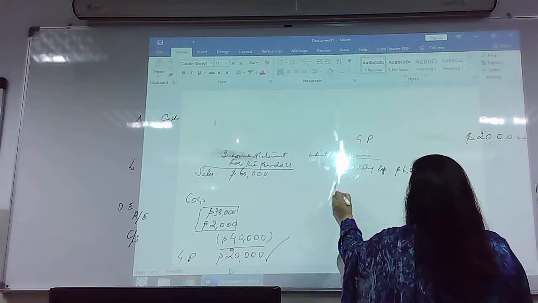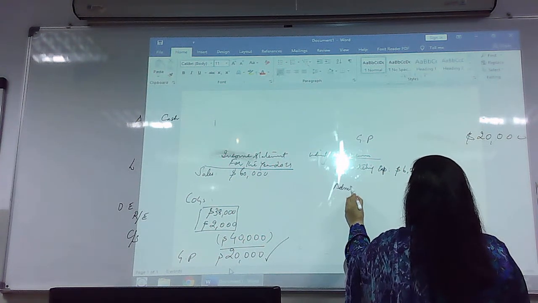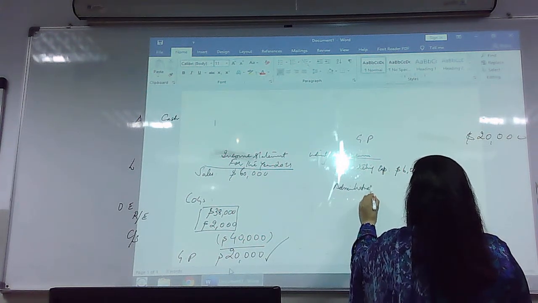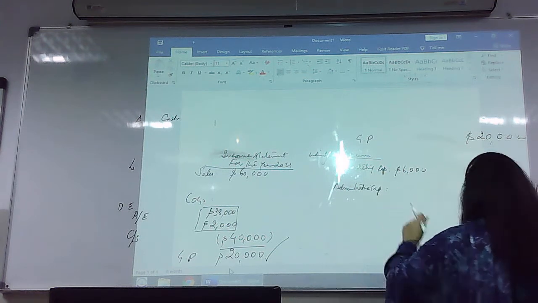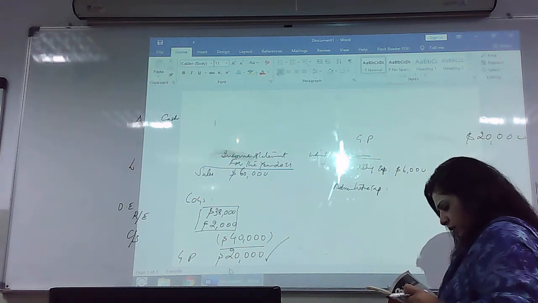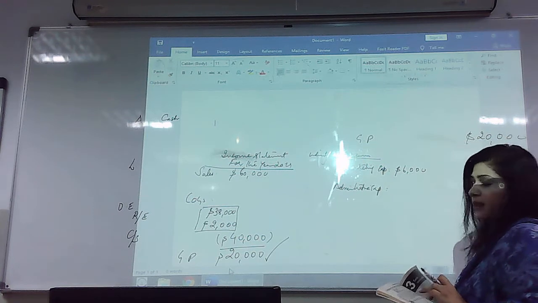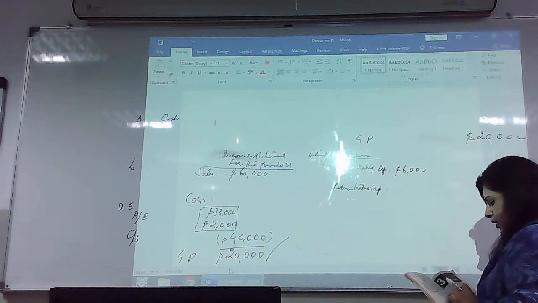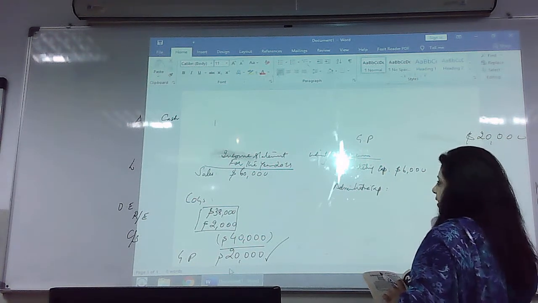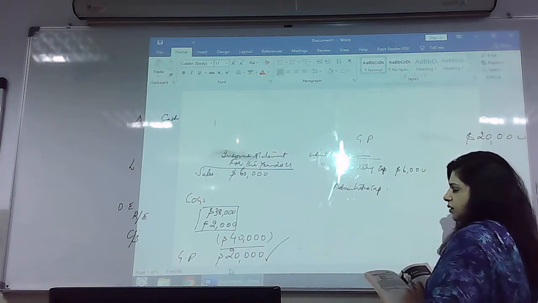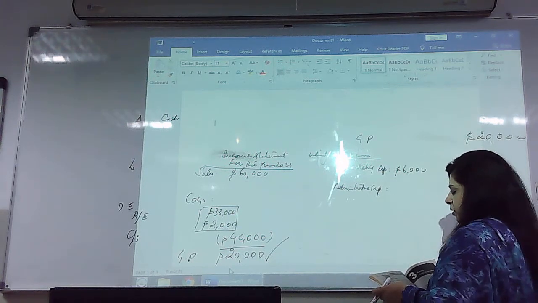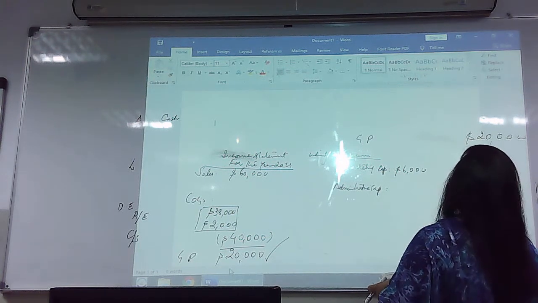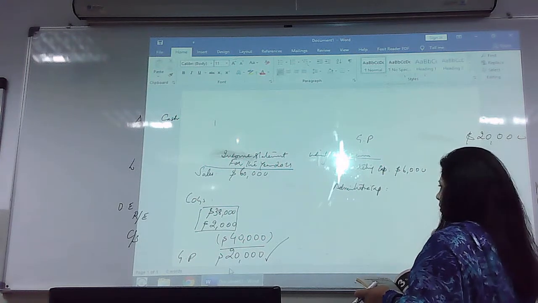Now you have administrative expenses. Okay, so now administrative expense comes to about 15% respectively, that's what they've mentioned here. So now this is of the gross sales again, so now the gross sales is 60,000, and we know that 10% is 6,000.